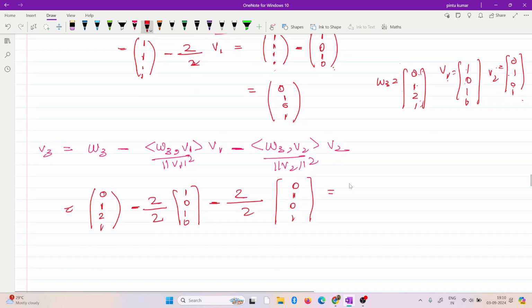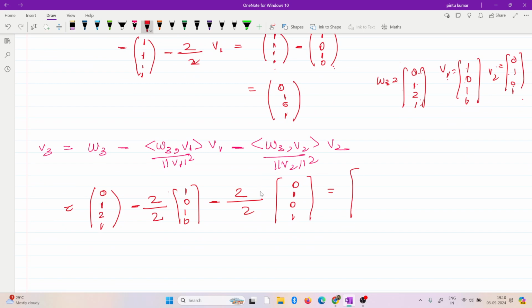So what you obtain is: first entry 0 minus 1 minus 0, which is minus 1. Second entry 1 minus 0 minus 1, which is 0. Third entry 2 minus 1 minus 0, which is 1. And the last entry is 1 minus 0 minus 1, which is 0. So this is what you obtain. You can clearly check that its dot product with V1 is minus 1 plus 1, which is 0, and its dot product with V2 is also 0.